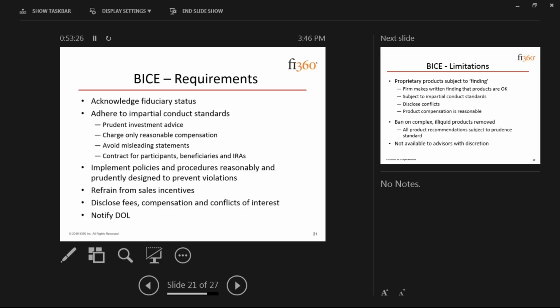Or do we think that we don't need to do that? And if we don't, then we need to make sure that we're doing the things on this list to make sure we're aligned with implementing BICE properly. And if they're going to be working under BICE, which I'm guessing most that have the conflicts will, then the firm needs to notify the Department of Labor that that's in fact the decision they have made.